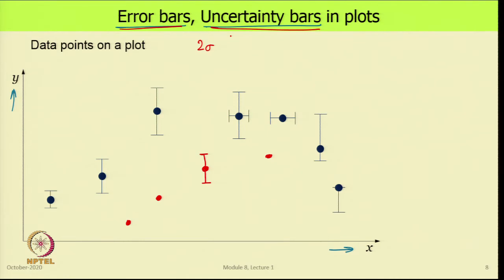That is 95% confidence level. So, this tells you that this point has this much variability in the value of y. If we want to show the uncertainty in x, then we would draw a line like that, and it says that this is the mean value, but 95% confidence interval is this.